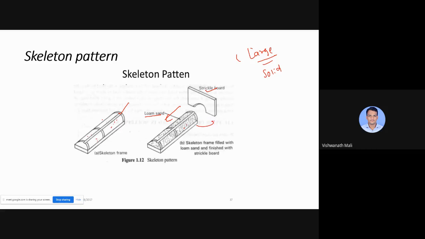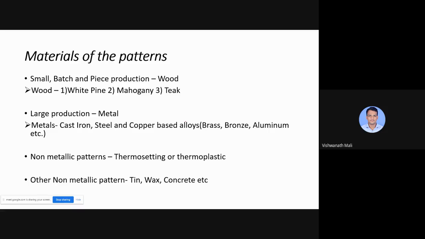Once the pattern is prepared, with the help of the pattern we prepare the mold, and once the mold is prepared, we remove this sand, or again we use this skeleton pattern. So instead of using a large solid pattern of wood, we are using this loam sand. In large castings, we use this type of pattern. So these are the types of patterns which we have studied.